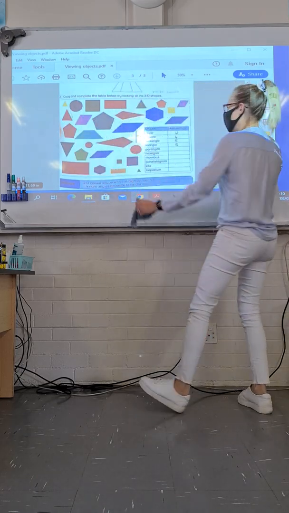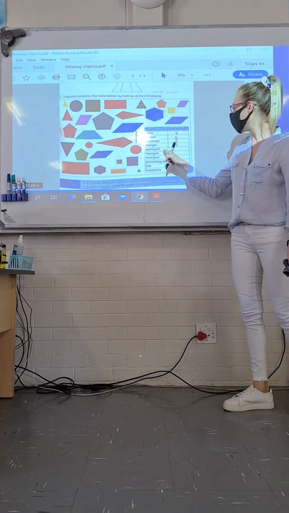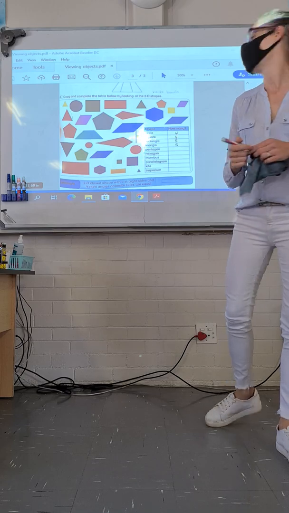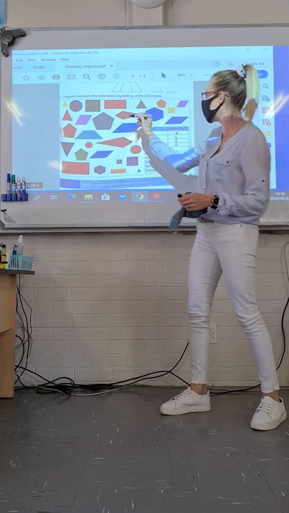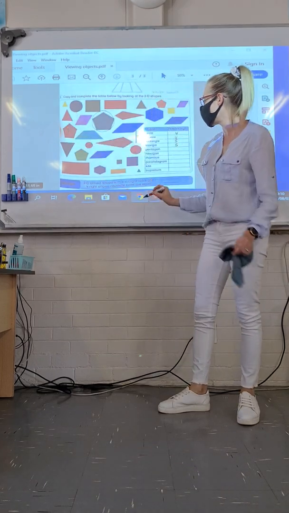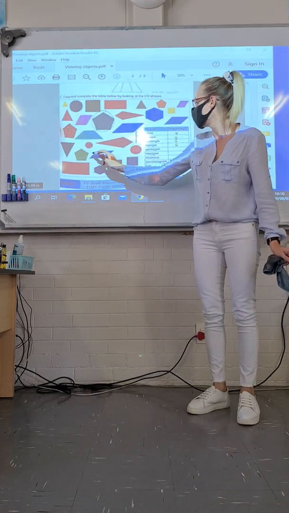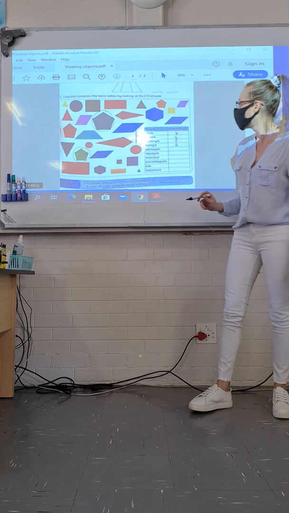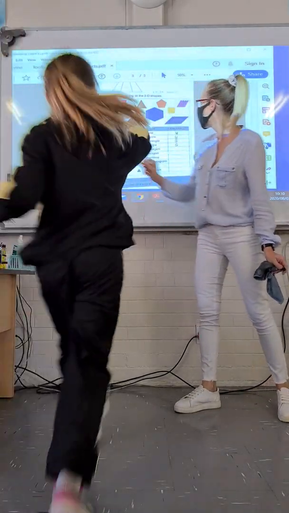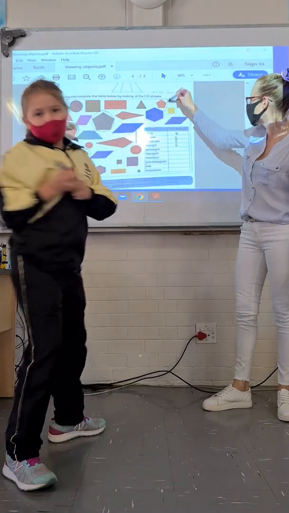Okay. How many pentagons? Now, what is a pentagon? How many sides does it have? A pentagon has 5. It is this one here. There's 1. How many do you find? 2. Oh, there's another one there. Oh, look at that.